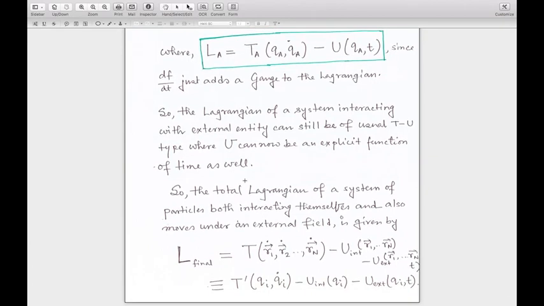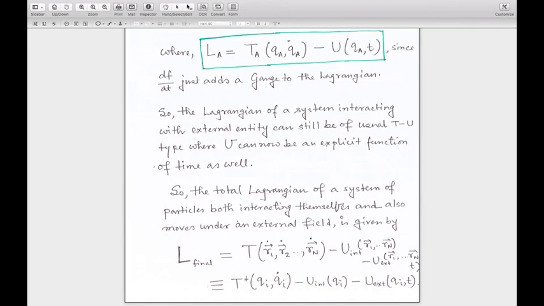So finally, if we try to write the total Lagrangian of a system of particles, both interacting within themselves and also moving under the external field, then this will simply be given as the total kinetic energy, which is a function of all the velocity vectors. When these are written in terms of generalized coordinates and generalized velocities, both qi and qi dot appear.